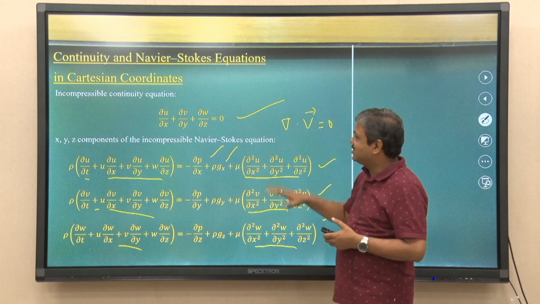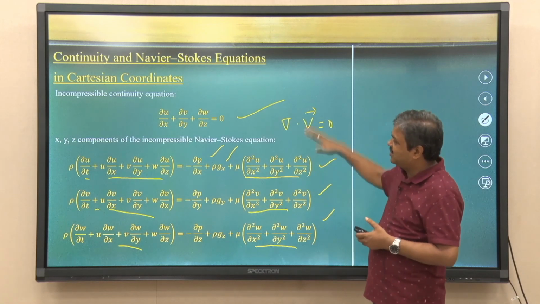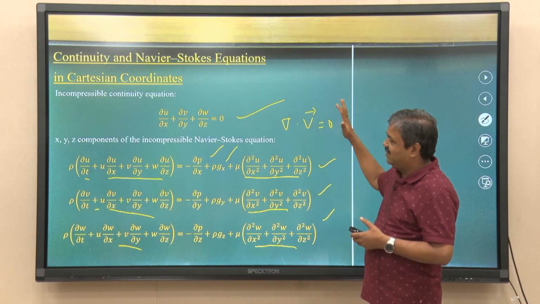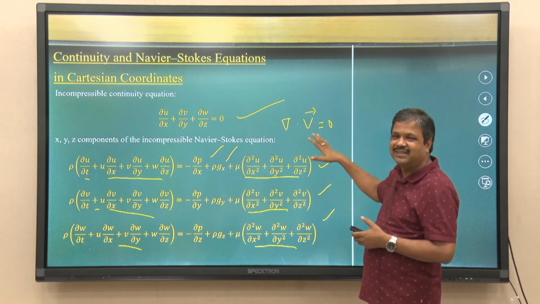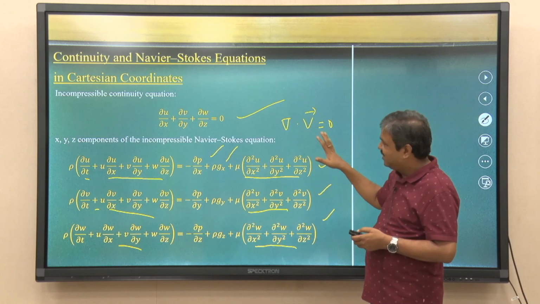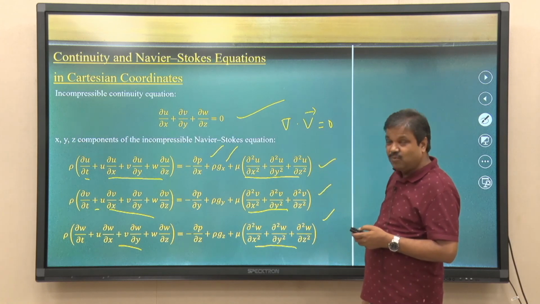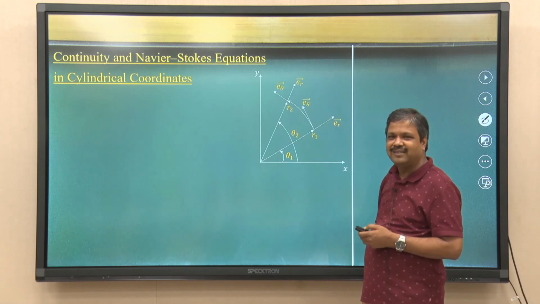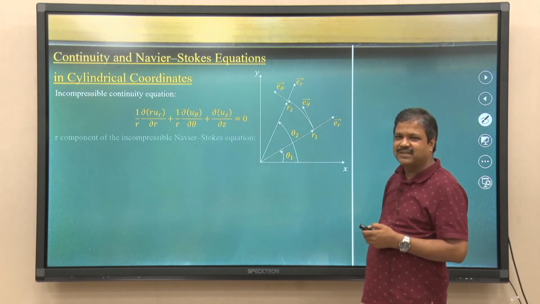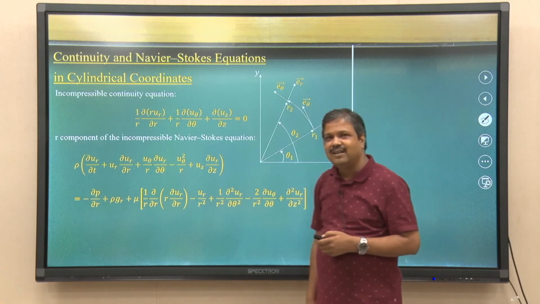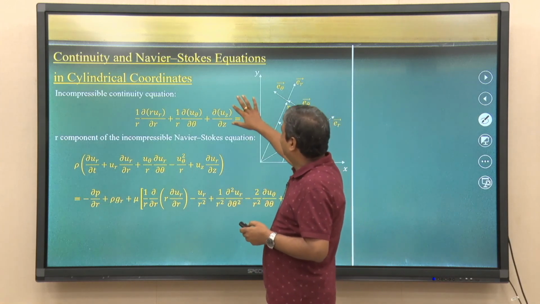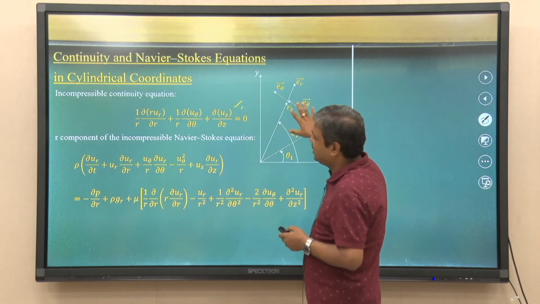So, when you expand the equations from the vector form, they look very complex. As I said, it is a nonlinear second order partial differential equation. Many times we go for cylindrical coordinates, which are easier to solve in. I am not going into the derivations for cylindrical coordinates, I just show what the mass conservation equation looks like there.